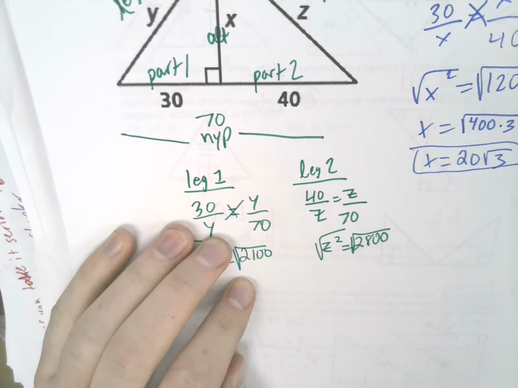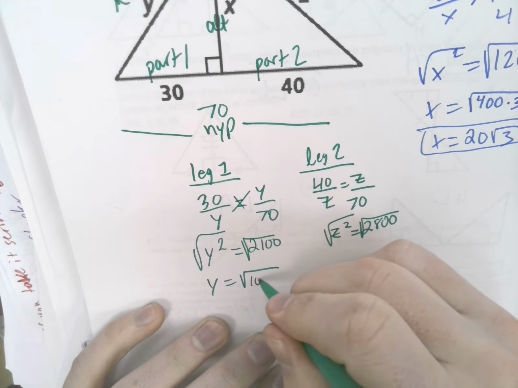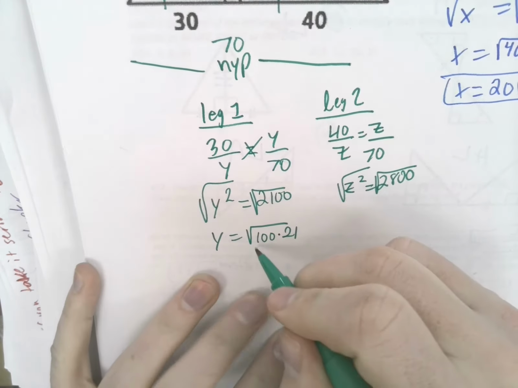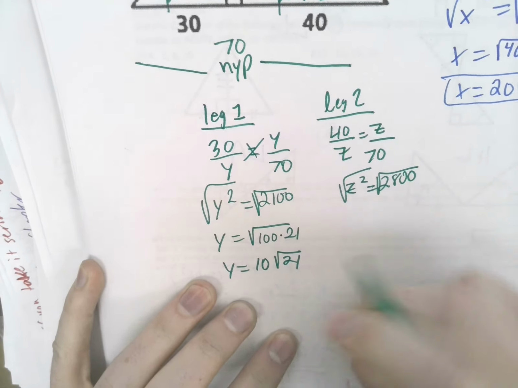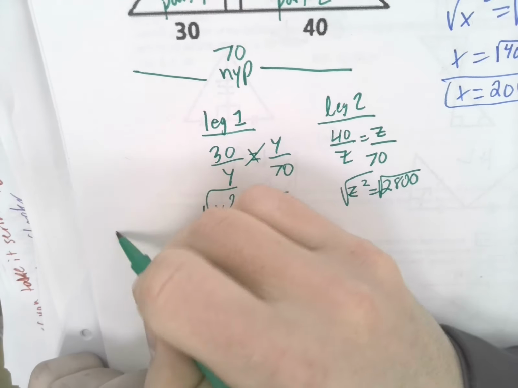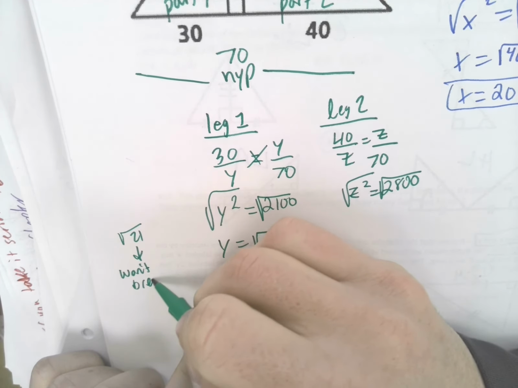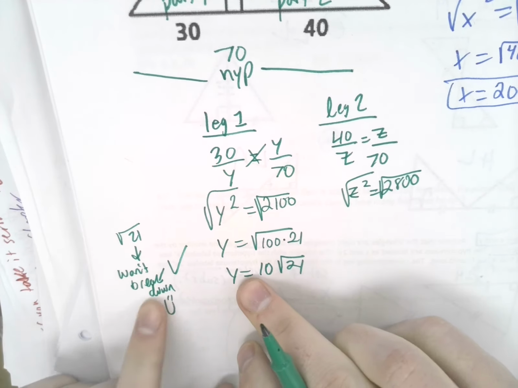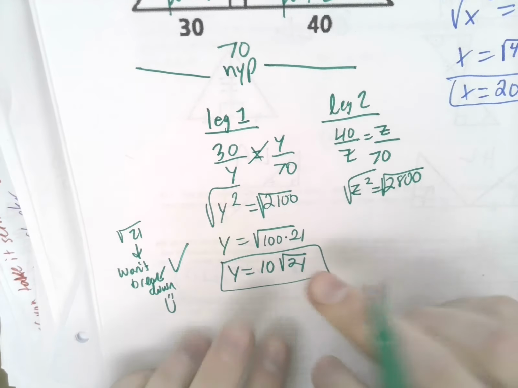So we can say y is going to equal the square root of 100 times 21. Take the square root of 100, and that would be 10. And again, we know we got the right answer because the square root of 21 won't break down.